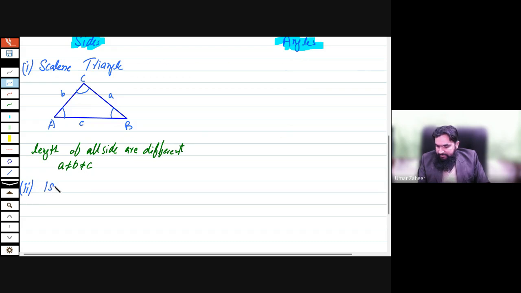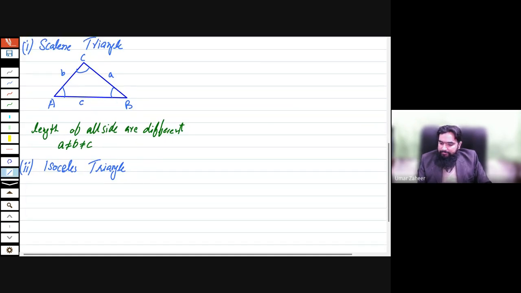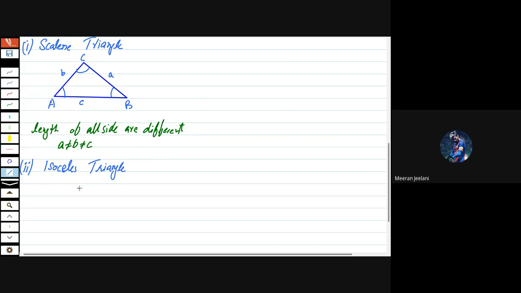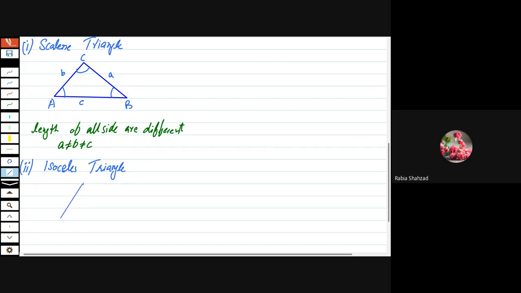Now we have the second one, that is isosceles triangle. Anyone knows about it? What is isosceles triangle? Sir, two of its sides are equal. Yes, Rabia. Yes, sir. Two of its sides are equal and angles.